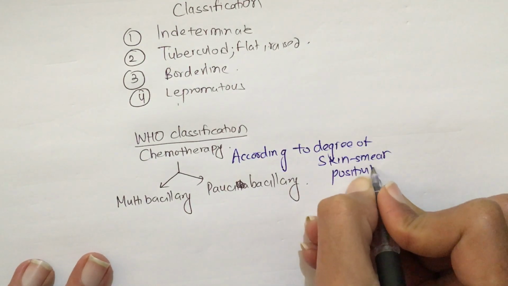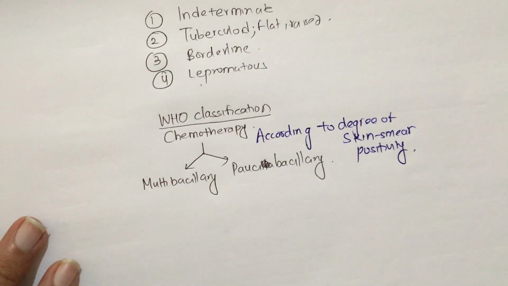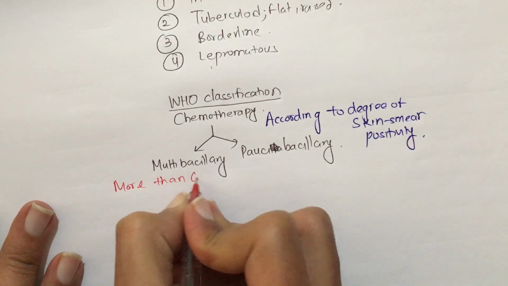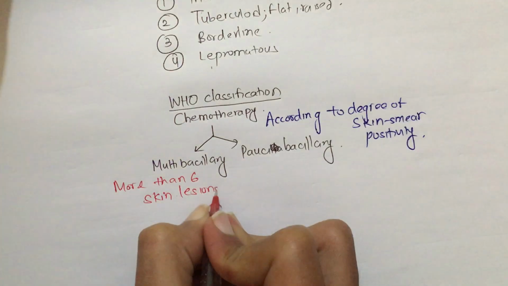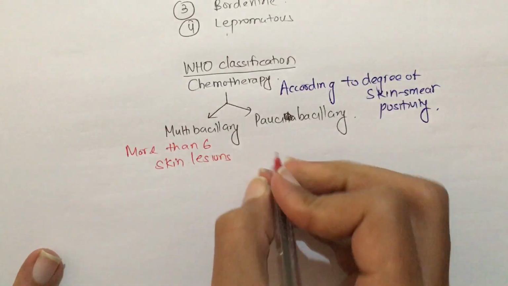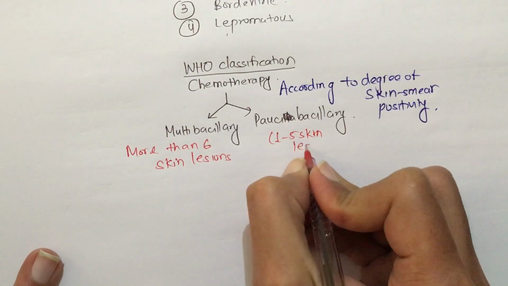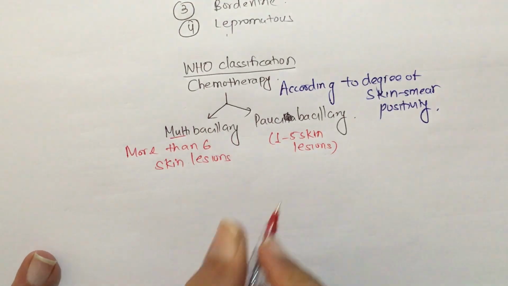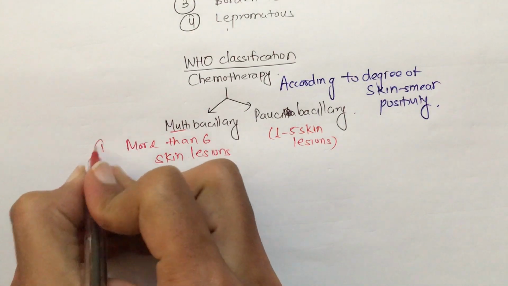In the multibacillary, more than 6 skin lesions are present, whereas in the paucibacillary, only 1 to 5 skin lesions are present. As the name implies, multi means more. Multibacillary means more bacilli. Okay, first difference.